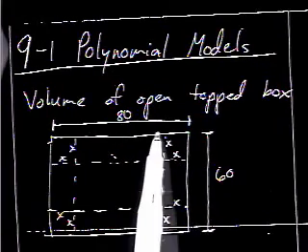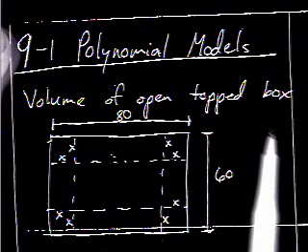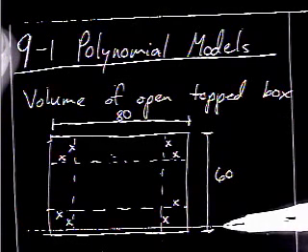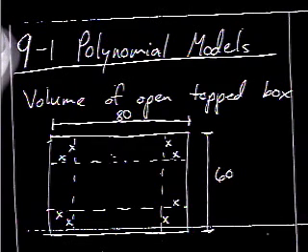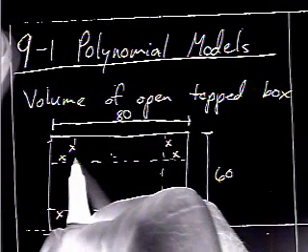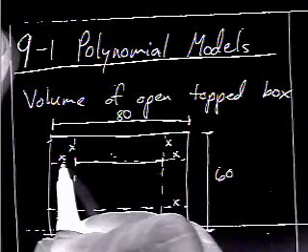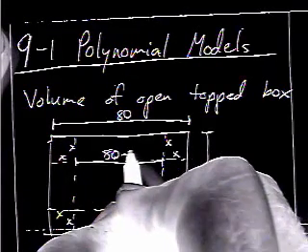So we start out with a dimension of 80 overall for the piece of metal and a length of 60 on this dimension. We know that volume is length times width times height. So we would need the dimension from here all the way over to here. Well, that's 80 minus the 2x's on the ends.